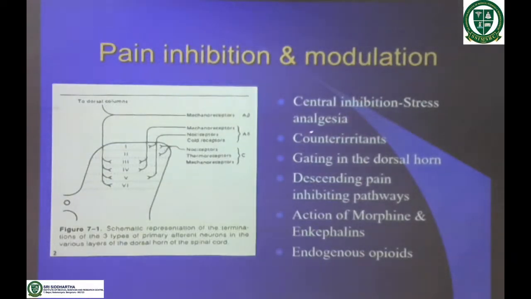Then gating in the dorsal horn, the gate pathway or descending pain inhibiting pathways, and the action of morphine or enkephalins. These are the drugs taken for pain. Then endogenous opioids. These are the pain modulation or inhibition.